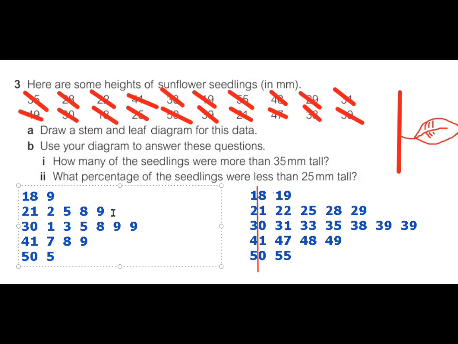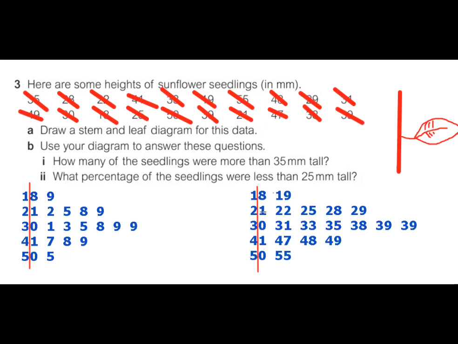So here I rewrote the stem and leaf diagram without the stems inside the leaves. Now I'm going to do the stem again here, like this. And by this, I ended with a stem and leaf diagram. Let's change the color, like this. And this is what we call a stem and leaf diagram.